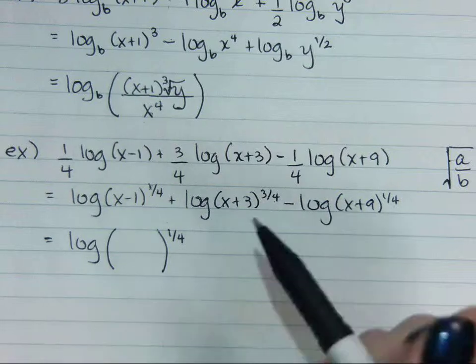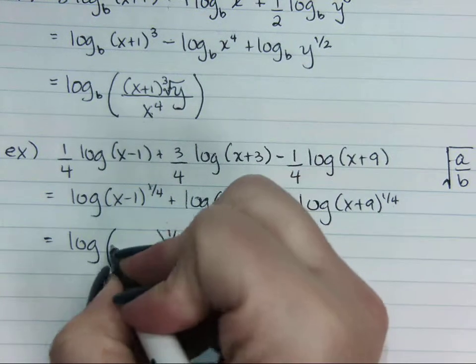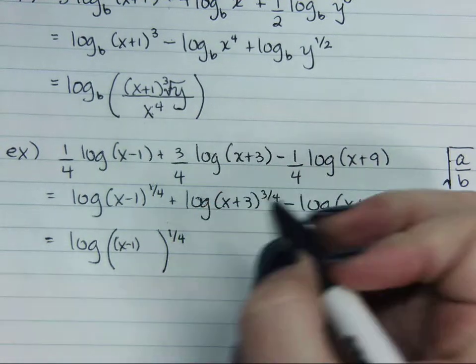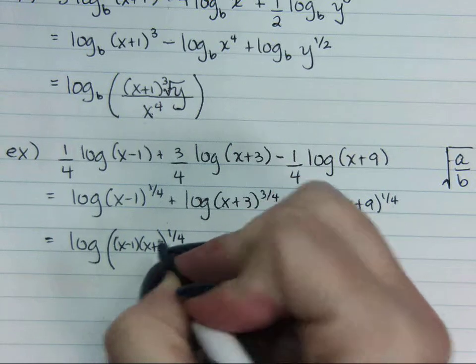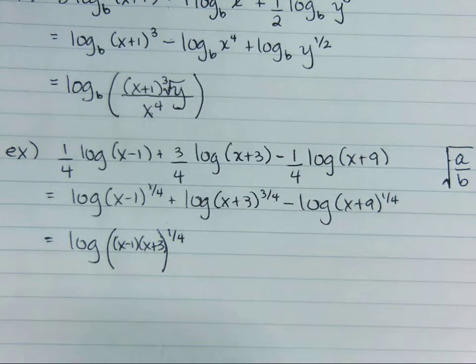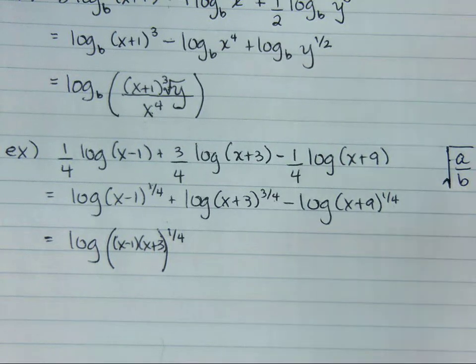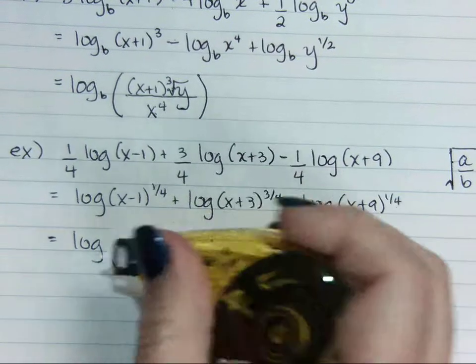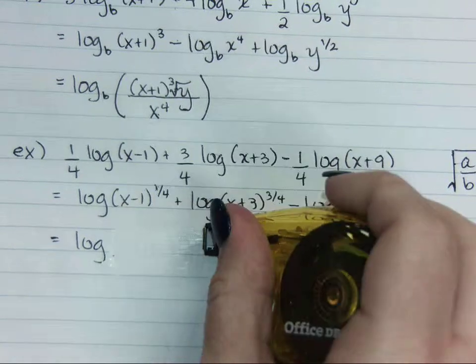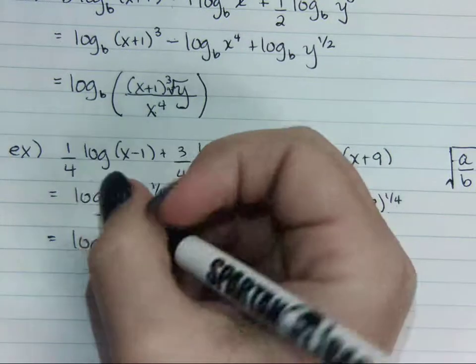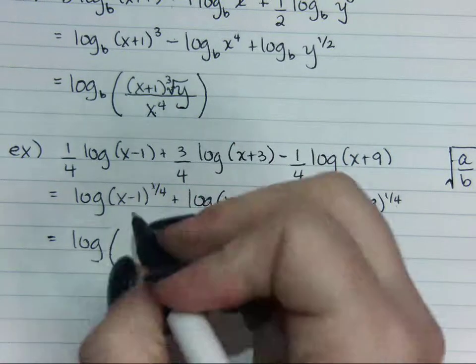Right? So I'm going to leave my x minus 1 and my x plus 3 in the numerator. And I'm going to, oops, let me give myself more space. Let's redo that. It's a little not enough room. And that can happen sometimes, which is why you have to use pencil.